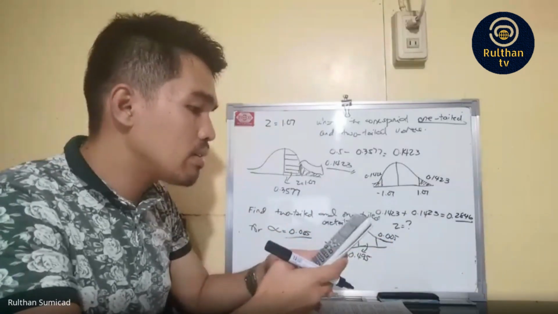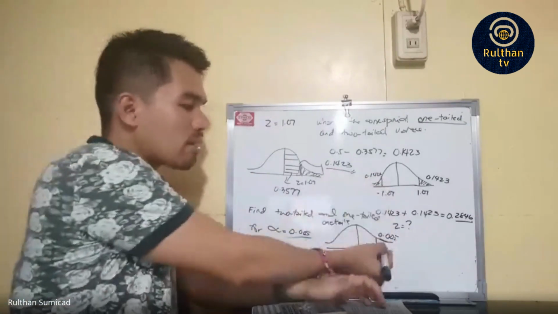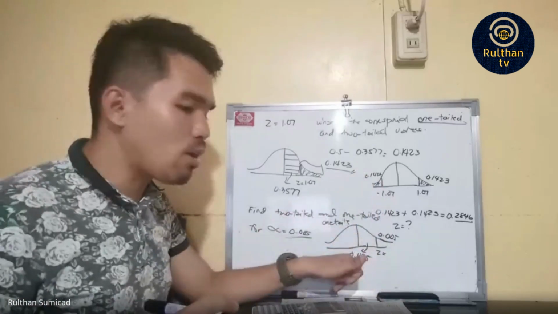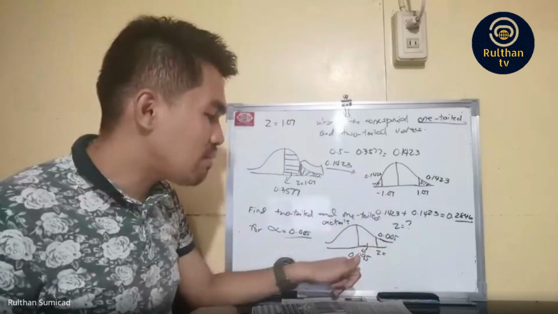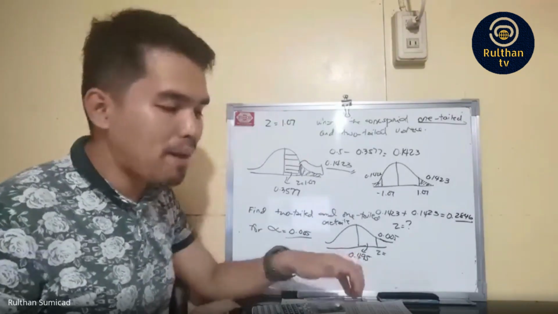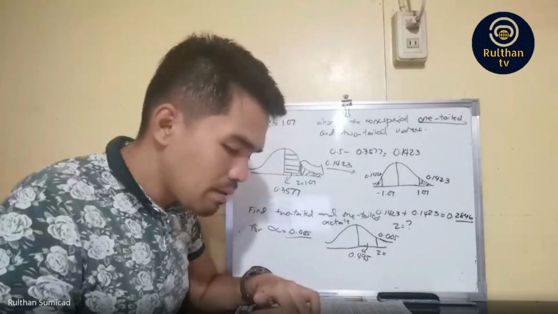To get the z value, we're going to locate it on our table. What is the z value equivalent to the probability of 0.495?